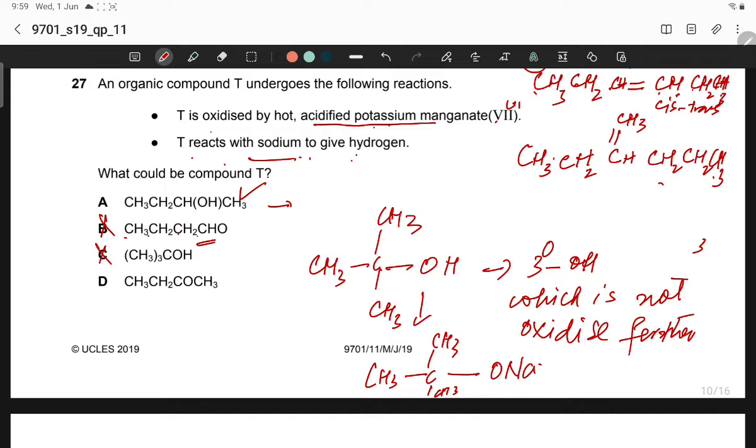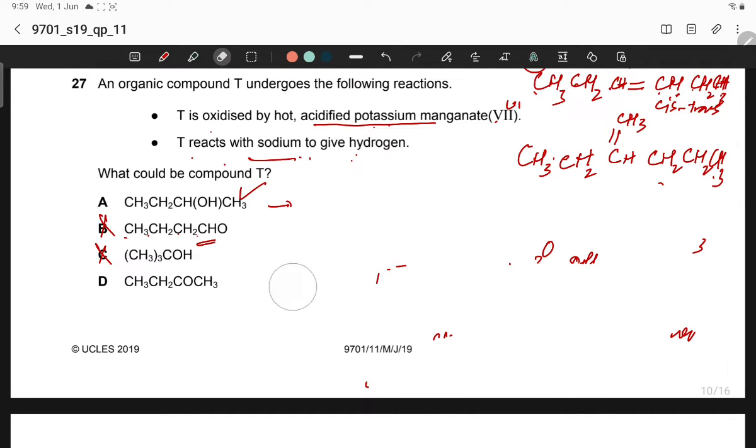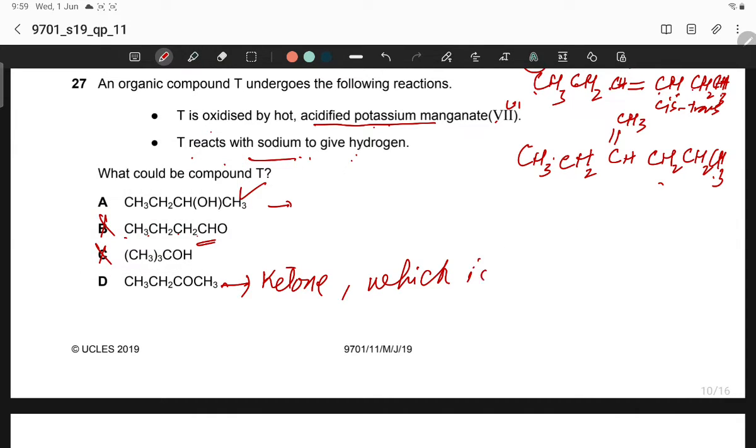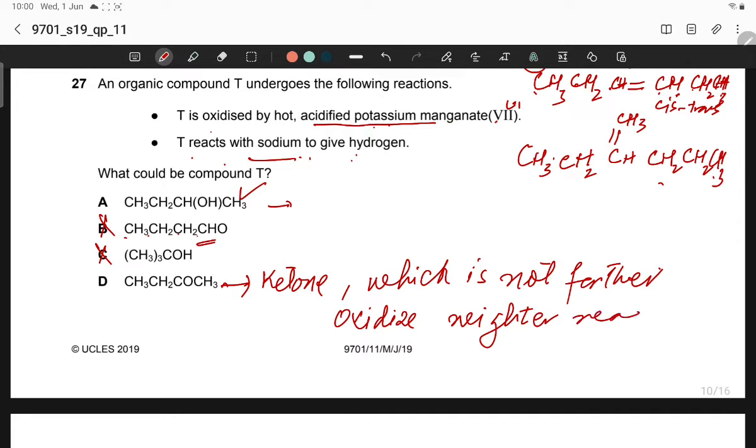So this is also incorrect. This is a ketone which is not further oxidized, and neither reacts with sodium. So this is also incorrect. A option must be correct.